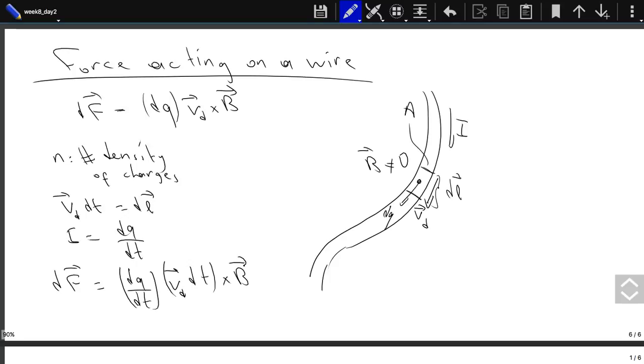But due to this definition of dt, this is how I define dt, by the way, we know that dq by dt is equal to the current. And vd times dt is nothing but the length of my segment.